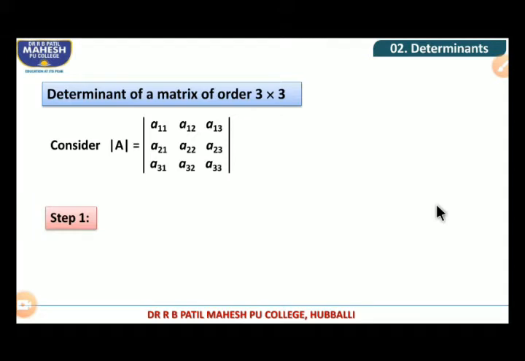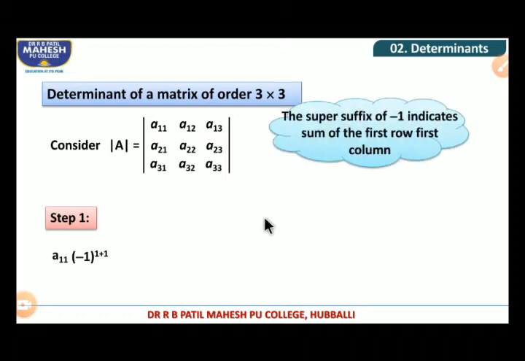Step 1. Consider the element A11, which is multiplied with -1 to the power 1 plus 1. What does it mean? The superscript of -1 indicates the sum of the first row and first column.